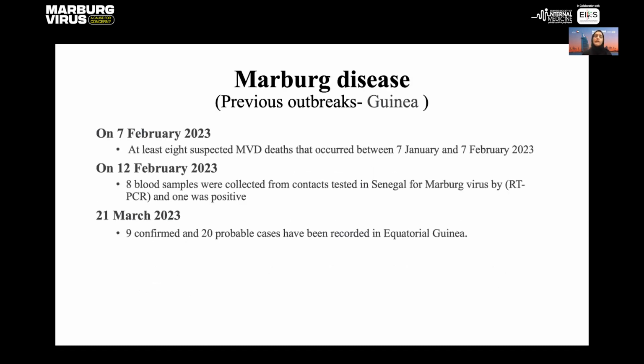Looking into Guinea, on the 7th of Feb, at least 8 cases were identified, and it was attributed to deaths from 7th of Jan until 7th of Feb. And then by the 12th of February, around 8 blood samples were taken only from contacts of these cases, and one of them was positive. And by March, almost the 3rd week of March, 9 confirmed cases and 20 probable cases.